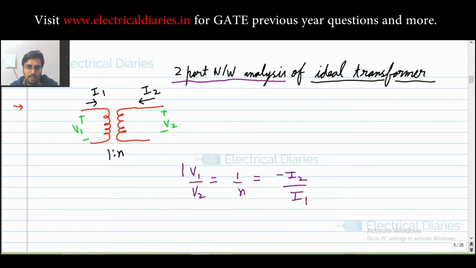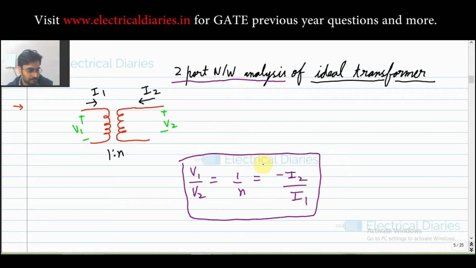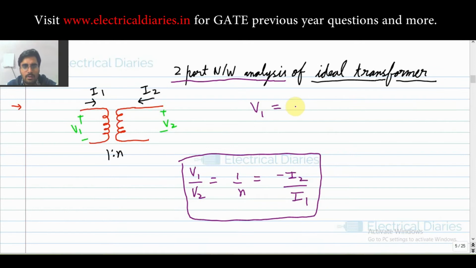Using this relation you can easily see here we have V1, we have I1, I2, so we can easily write down the Z parameters. Let us try finding out the Z parameters if possible. See, we know the equation V1 is equal to Z11 I1 plus Z12 I2 and V2 is equal to Z21 I1 plus Z22 I2.